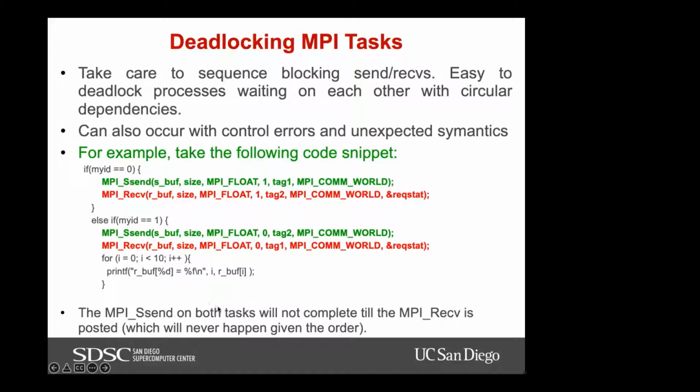Now what's happened is that they're going to wait for each other, because this send will never complete, because we said synchronous send till the receive is posted, but the other processor also did a send and it's waiting on a receive. So they both will never get to the receive, and they'll basically deadlock and never finish.